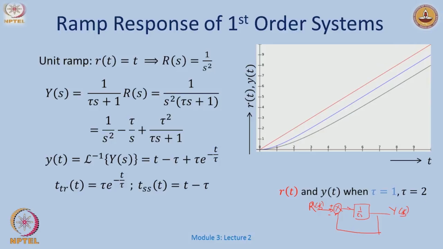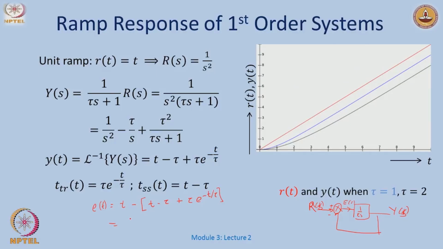That depends on what the error signal here, E of s, is. So what is E of s or E of t? E of t is R of t, which is t, minus y of t. Y of t is the entire thing, t minus tau plus tau e power minus t over tau.